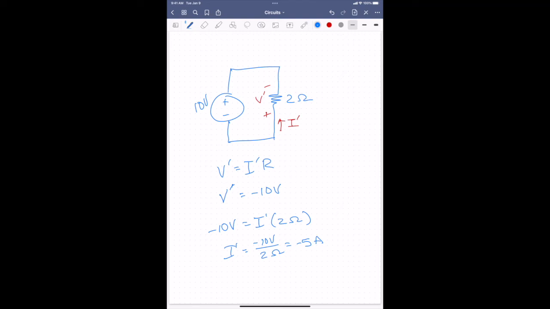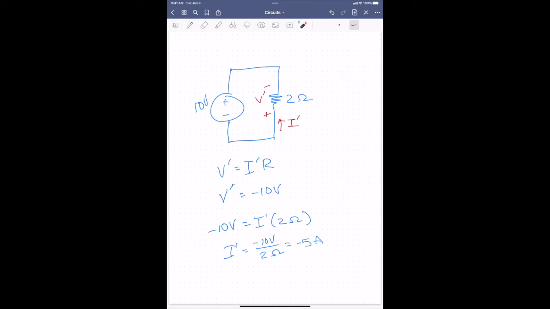In other words, the voltage we know is actually positive from here to here. So we got a negative voltage when we defined V prime. Similarly, we know that in reality, the current is flowing down through that resistor. Down, of course, is a feature of our drawing, but it's flowing in that direction through the resistor. And so when we calculate I prime, what we end up with is a negative value.